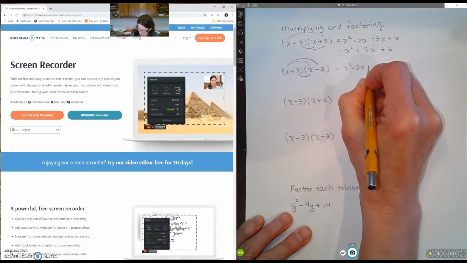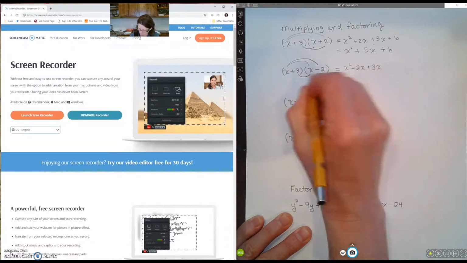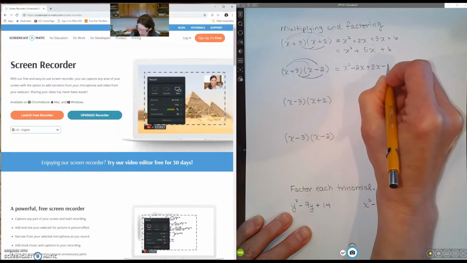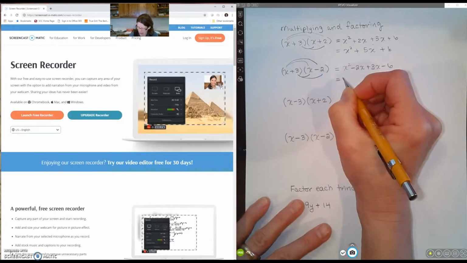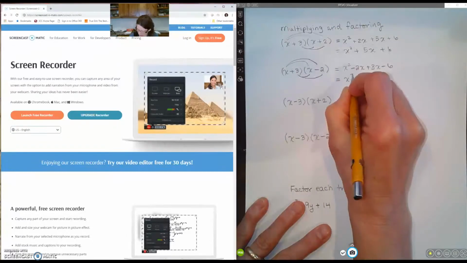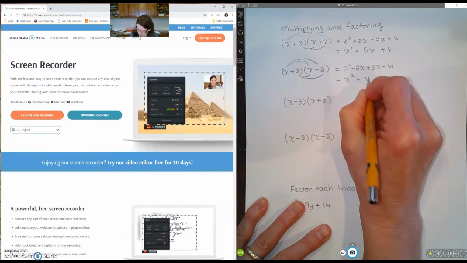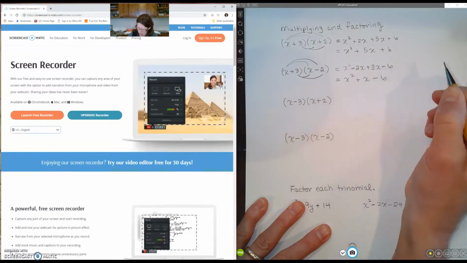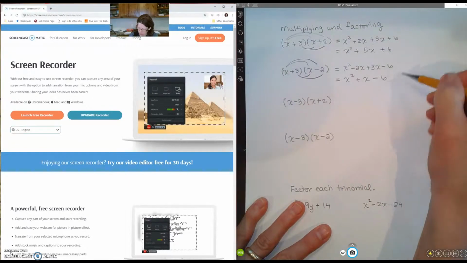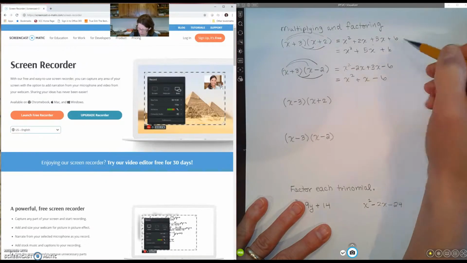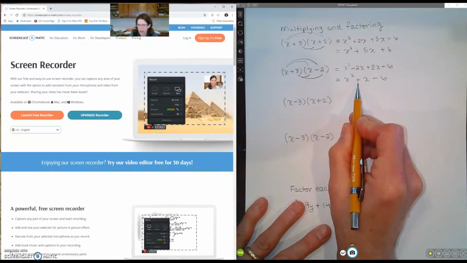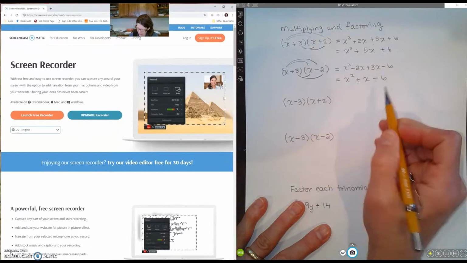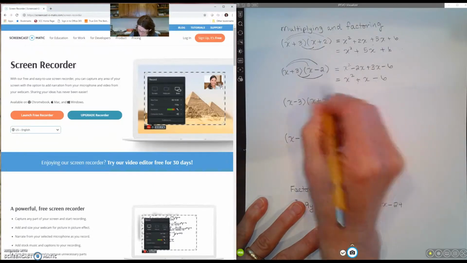Inner product, plus 3x. Lastly, minus 6, and combining our like terms, we've got x squared plus x minus 6. So now compare this product to our previous one. We've got a plus symbol in the middle, yet a minus with our last term, don't we?